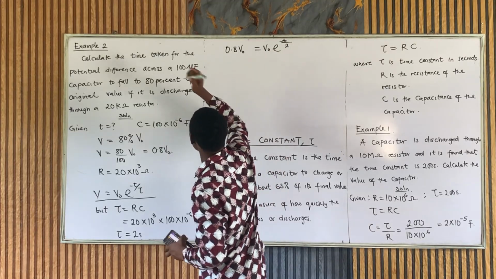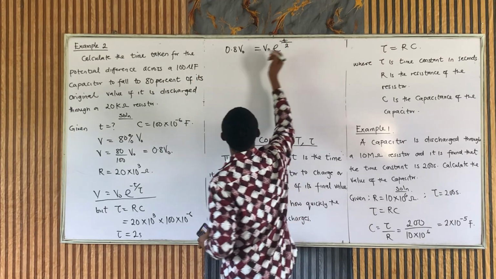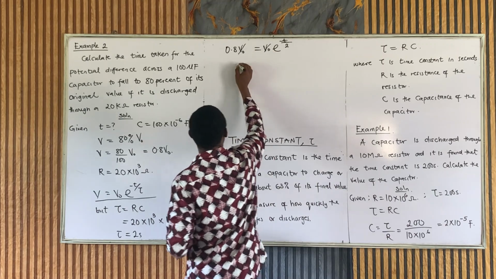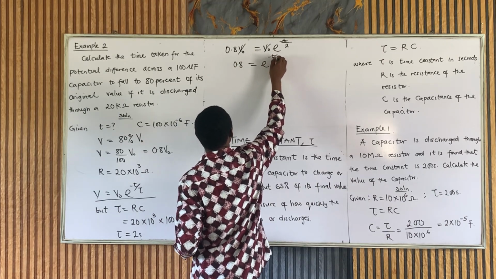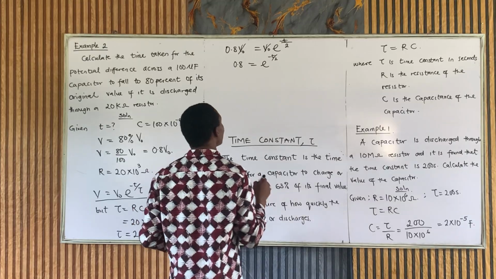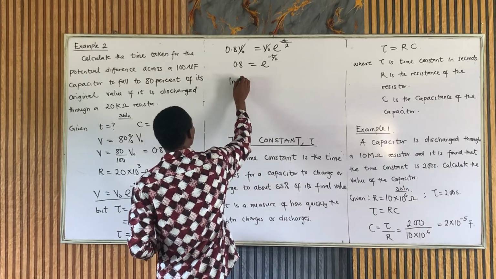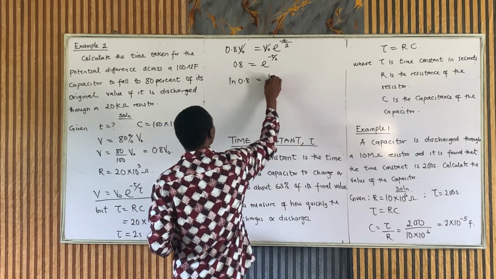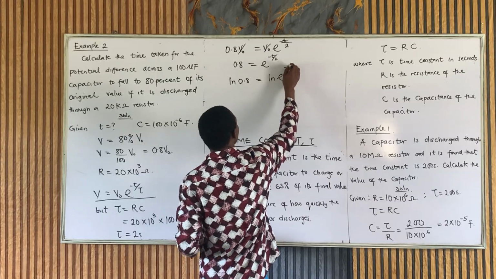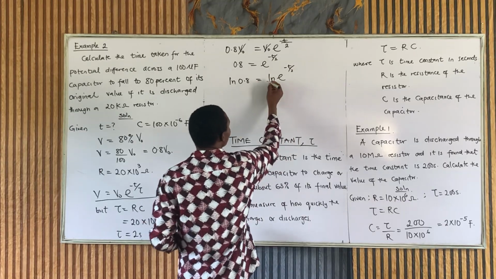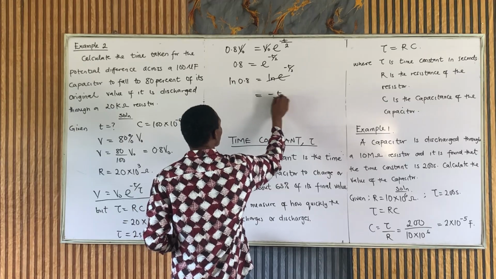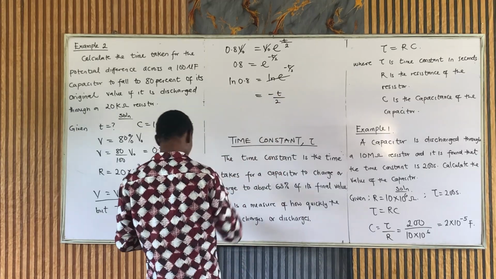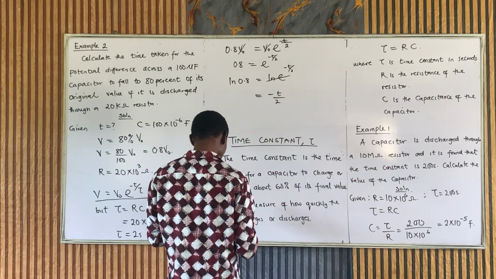The question says we should find time. So this is the time I'm looking for here. First of all, V naught cancels out V naught. So we have 0.8 is equal to exponential minus t over 2. Next thing we do is to take ln of both sides, natural log of both sides. Ln of 0.8 is equal to ln of exponential minus t over 2. Because of ln, we take out this exponential, and that will give us minus t over 2. If we take ln of 0.8, let me quickly do that.